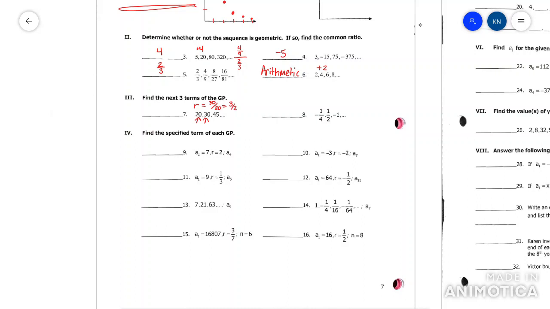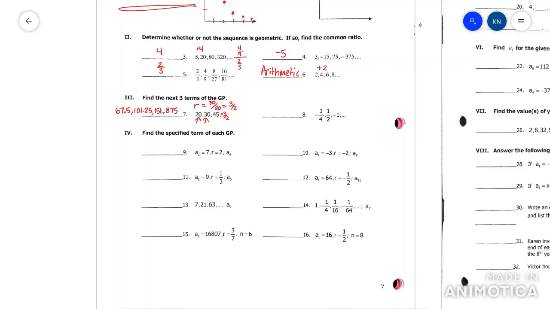And so to get these next 3 numbers, I'm just going to be multiplying by 3/2 over and over again. So you'll get 67.5, 101.25. And you could do it as a fraction as well, but most of the time with these, you're going to be using a calculator, so you're going to have a couple decimals. So that's how you would do that.